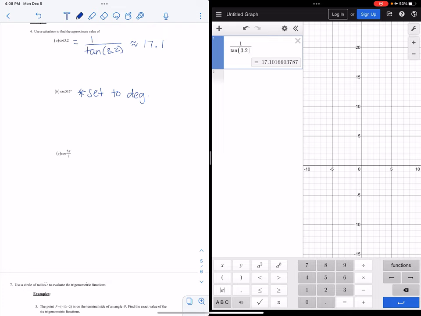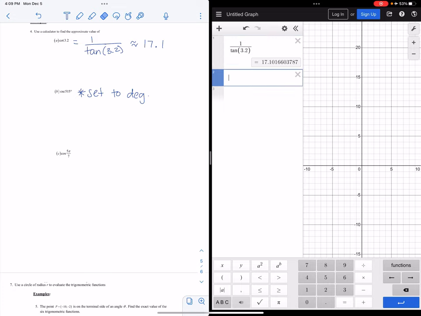So if I click the mode button and I go down by 2, it will give me the option to have it in radians or degrees. So I'm going to move it over to degrees, press enter, and then clear out of there. That's setting it to degrees. Now I can plug this into my calculator.